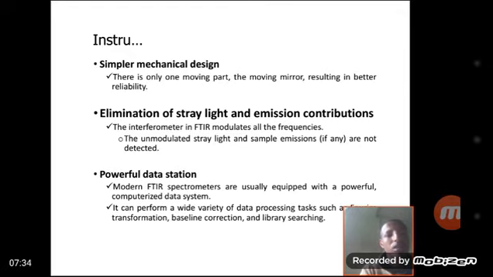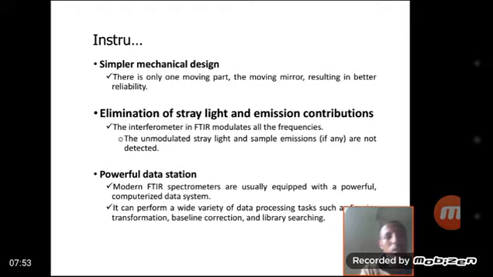The interferometer in the FTIR modulates all the frequencies. The unmodulated stray light and sample emission, if any, are not detected. As a result, the elimination of stray light improves the reliability and accuracy of measurement.